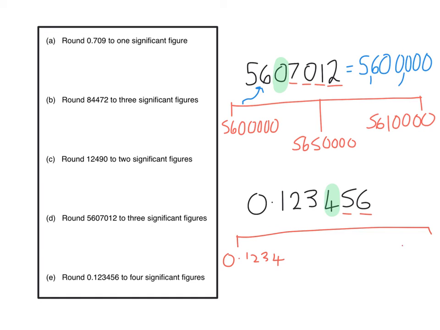If it was going to round up, it would be 0.1235. Bang in the middle would be 0.12345, because that's halfway. Imagine if I had written those zeros on, you can see that bang in the middle of 400 and 500 is 450, which would technically be what this is here.